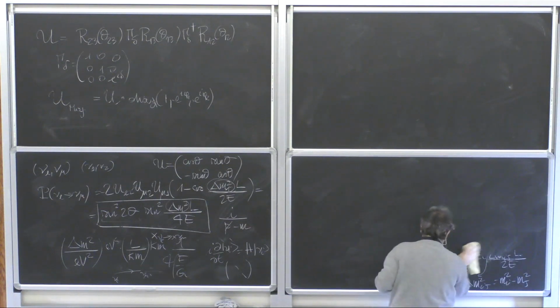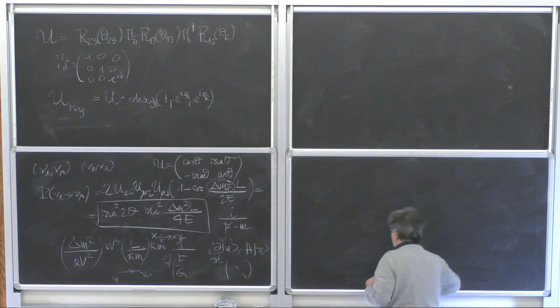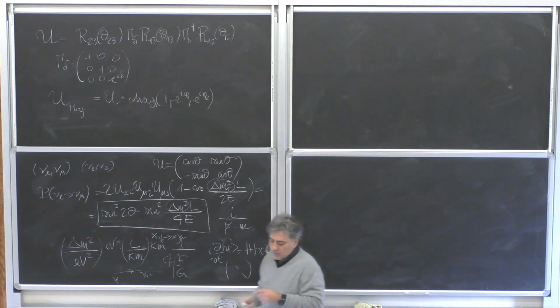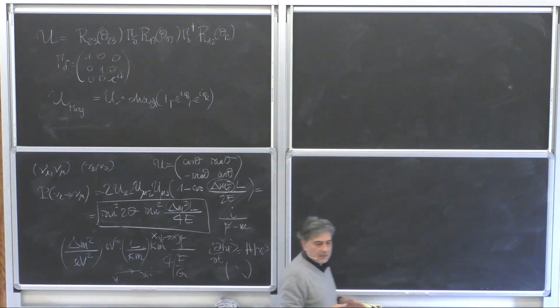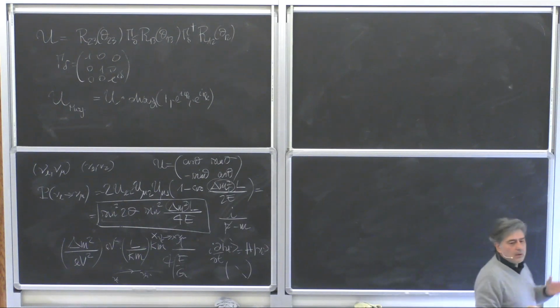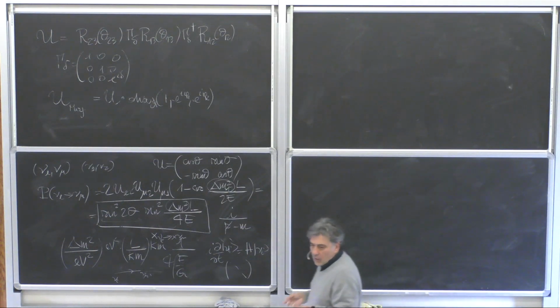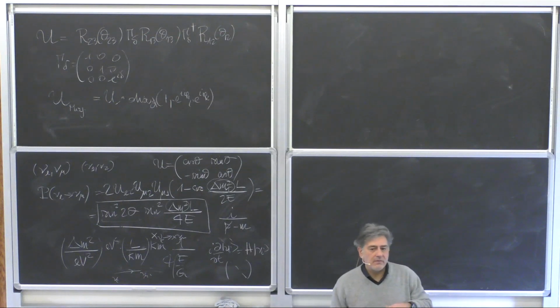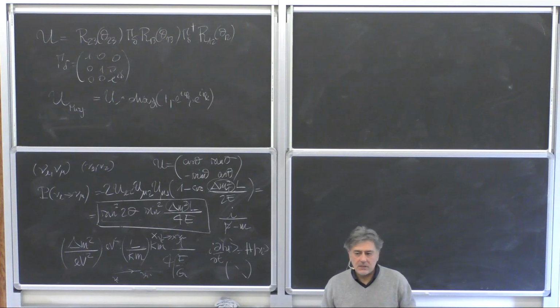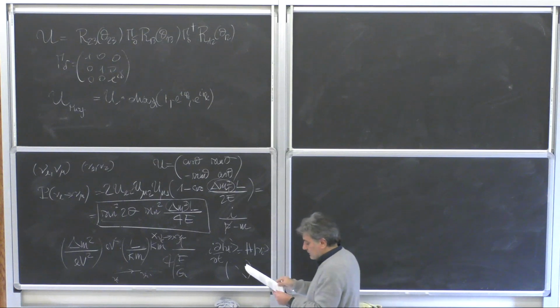Okay. Now, here, let's distinguish two cases: constant matter density or varying matter density. Obviously, the first case is simpler. So imagine you have matter with constant density, and neutrinos can interact with the electrons, protons, and neutrons that are in matter.